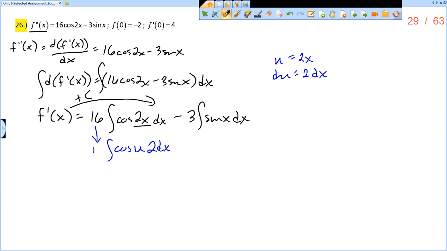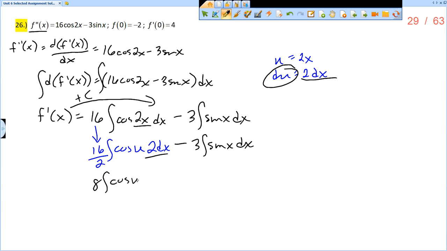I had the 16, so I'm going to need to divide by 2 on the outside. I'm not using the u in the second integral, so this just remains as minus 3 times the sine of x dx. Now the 2 dx right here is du. So I have 8 integral of cosine of u du minus 3 integral of the sine of x dx.